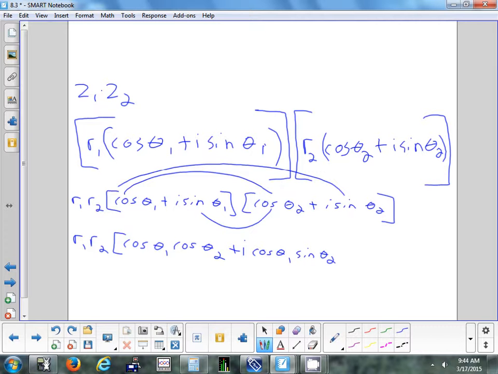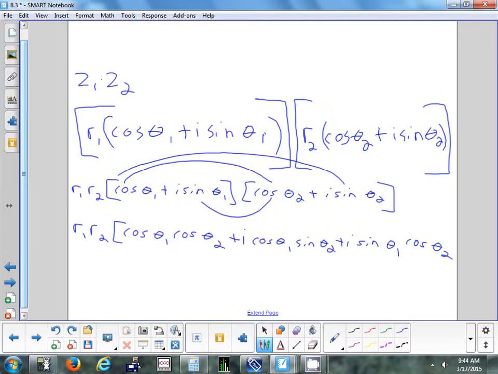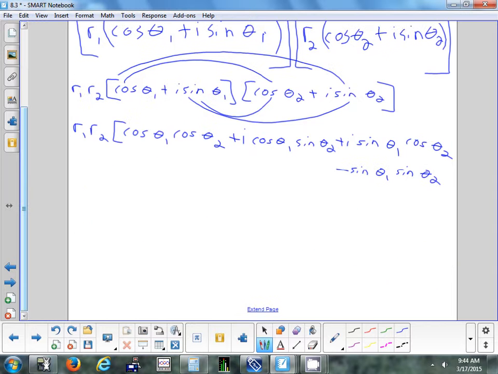I'm going to do i sine theta 1, cosine theta 2. This is much easier when you use actual numbers. You don't have to worry about this. Okay, and then the last part. I have i times i, which is an i squared. Okay, that becomes a -1. Sine theta 1, sine theta 2. All right, so we have all that when we distribute.